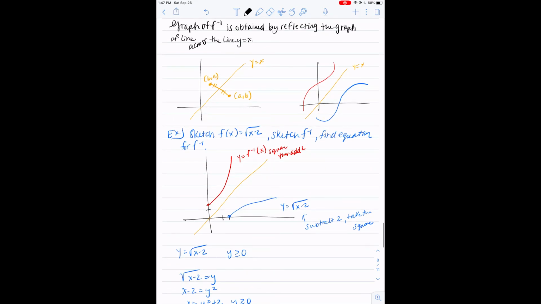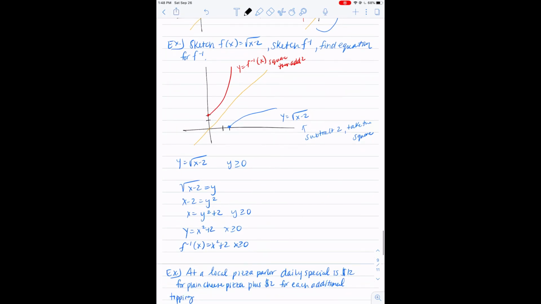So if we're reflecting the graph across y equals x, we're basically going to be flipping the coordinates. And so it's going to be equidistant here. So I have y equals x, and then here we have f(x), and this could be f^-1(x).